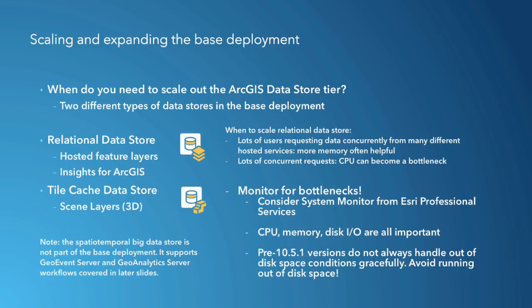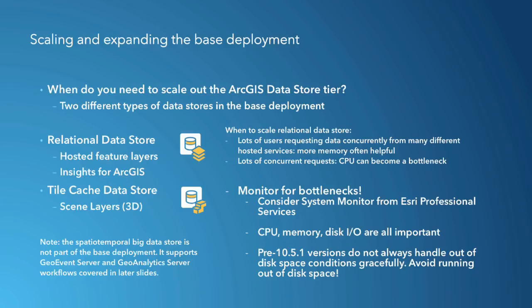Relational, again, as you remember, this is where data goes when you're doing analysis, when you're copying data to it. And just like with Insights, when it's doing the analysis itself, what Insights actually also tries to do in many cases, if appropriate for the types of data and the data sources that you're working with, is push a lot of the analysis down to the relational data store. You can do a lot of joins and things like that much more efficiently at the database level.